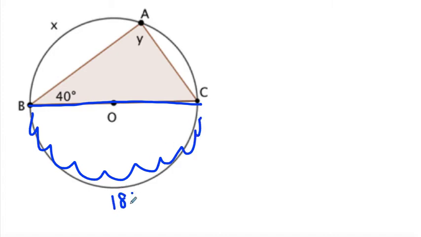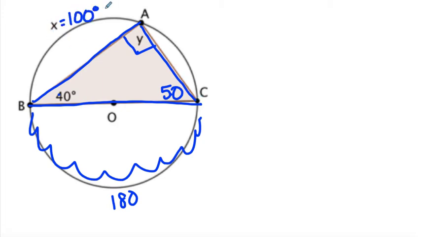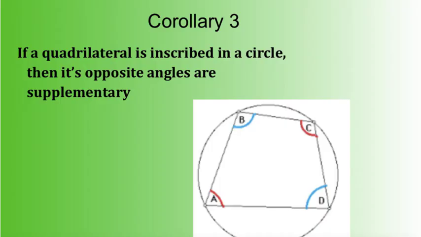So I have an inscribed angle in a semicircle, so angle y has to be 90 degrees. That helps because now I can tell you that this has to be 50 so that the 3 angles of this triangle add to 180. Angle C is an inscribed angle making arc BA, or x, 100 degrees. So you really have to look deep into these circles, which makes them fun.